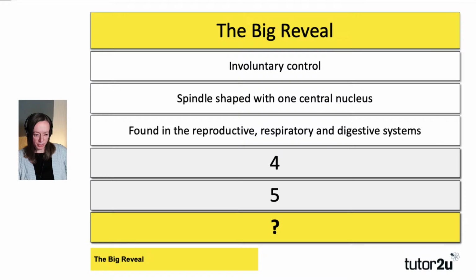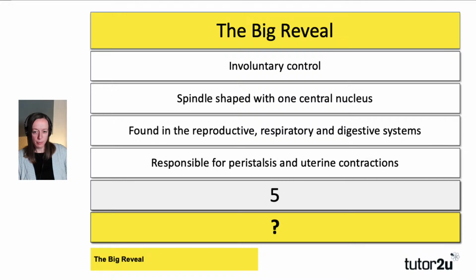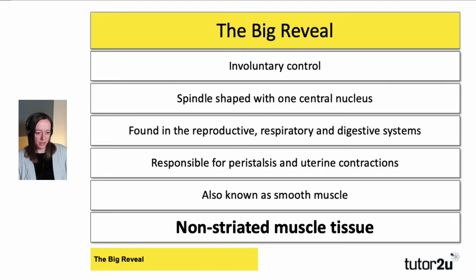Okay, so we've got non-striated and smooth. Responsible for peristalsis and uterine contractions. Also known as smooth muscle. So yep, it's non-striated muscle.